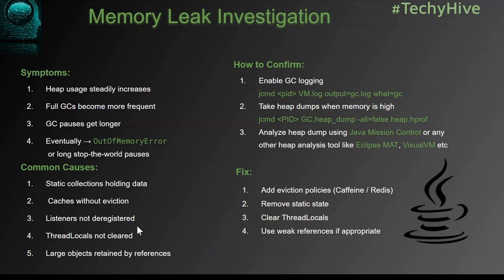Clear thread locals, so don't forget to clear thread locals, and use weak references for cache, because they are collected by garbage collection when memory pressure is high. And also remember to create small objects so that the object scope can be limited and they can be cleaned easily from the memory.